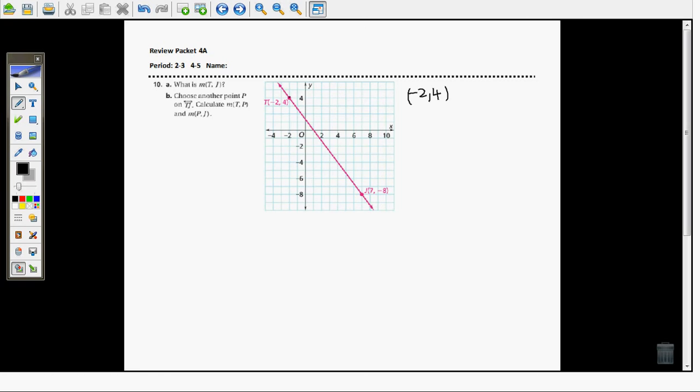The second point is 7 and negative 1, and the first point is negative 2, 4. So we do second y minus first y, over second x minus first x. You're subtracting a negative, so you have to add 5. You have to be really careful on that.